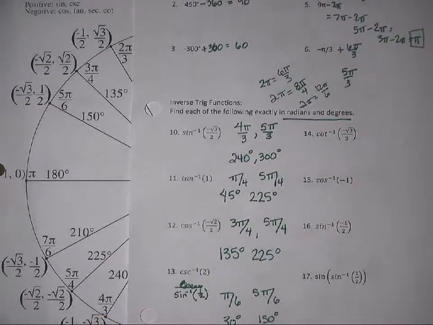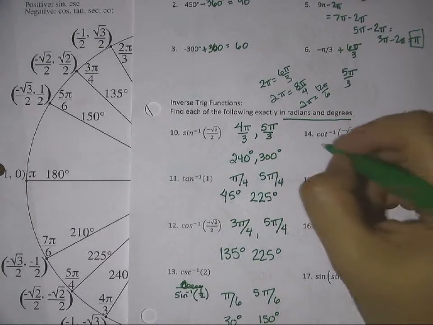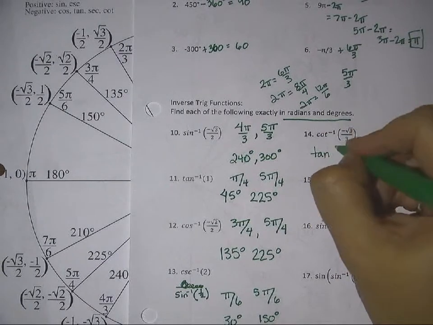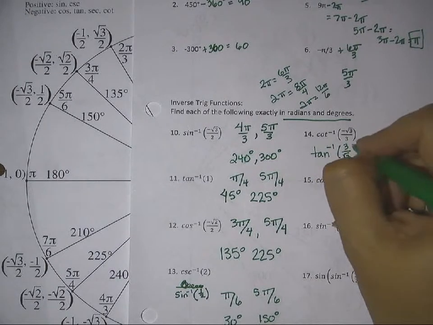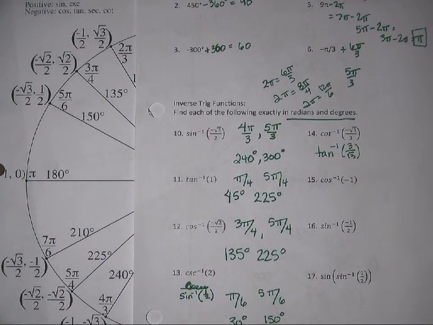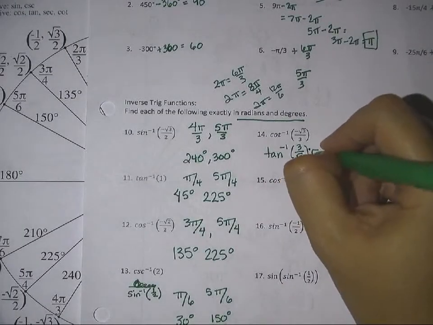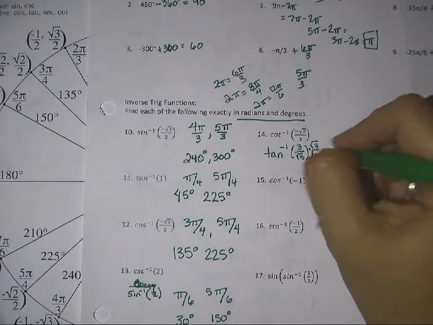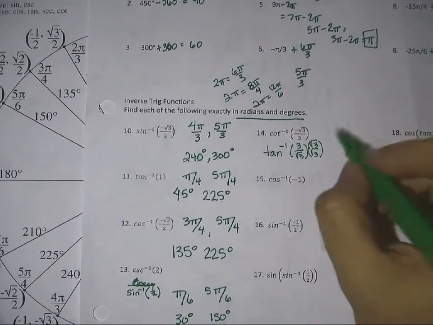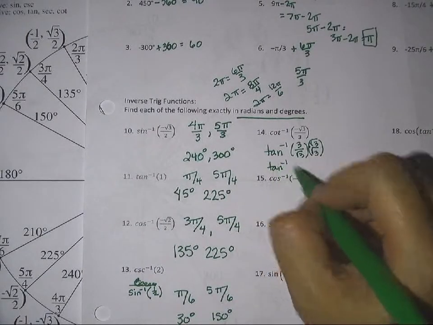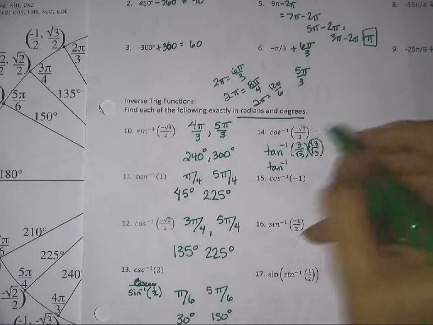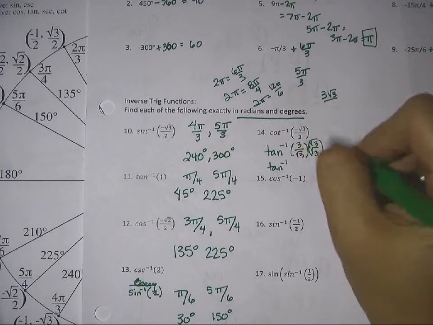Okay, our next column, inverse cotangent. Inverse cotangent is the reciprocal of tangent. So if I take the reciprocal of the tangent, I get 3 over the square root of 3. Well, that doesn't look like anything that's on my paper over here. But if I rationalize the denominator, I get the tangent of 3 square root of 3 over 3.